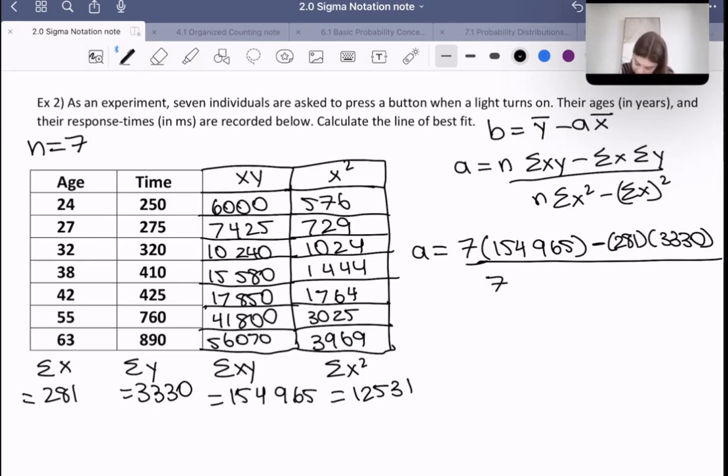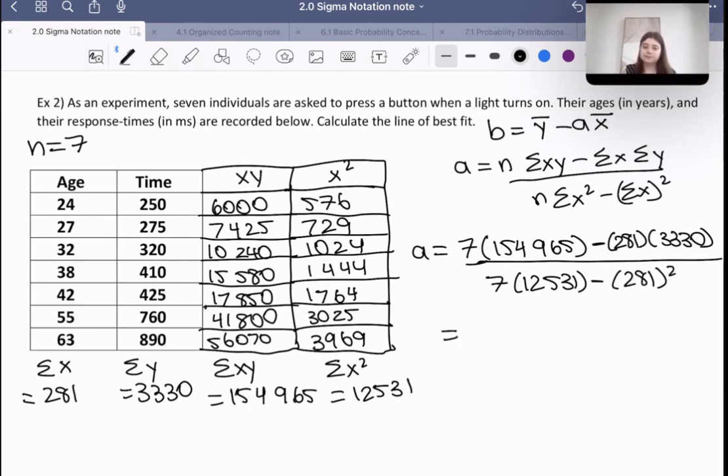I should be saying sigma x squared, 12,531, minus sigma x, which is 281, squared.